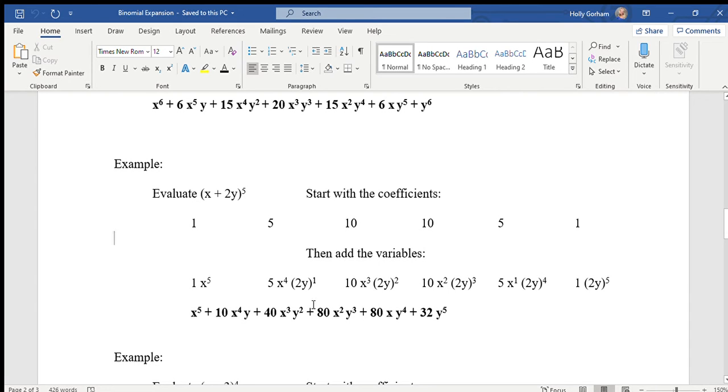So when you evaluate, the first term is just x to the 5th, but for the second term, 2 to the 1 power, that's 2 times 5 is 10. Then you have 2 squared, which is 4, times 10 is 40. 2 to the 3rd is 8, times 10 is 80. 2 to the 4th is 16, times 5 is 80. 2 to the 5th is 32. And the variables x and y increase and decrease as we stated above.